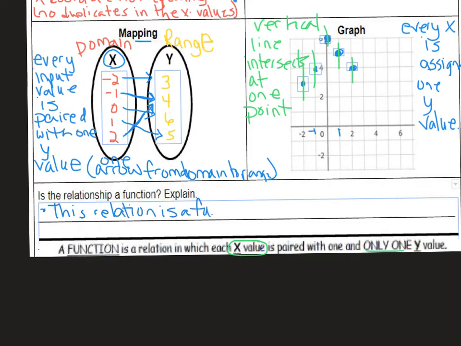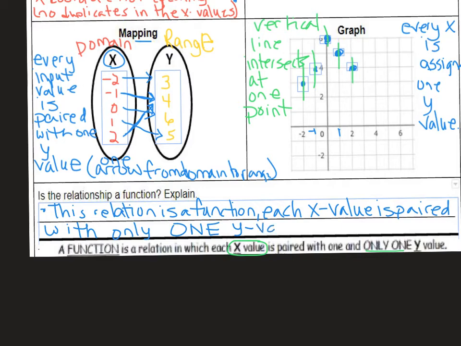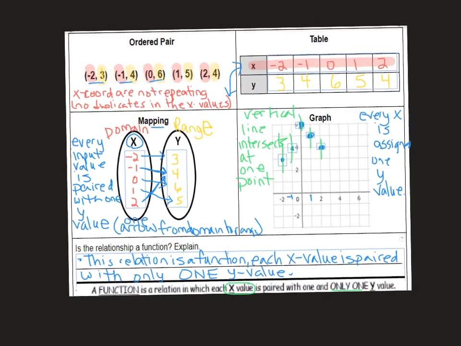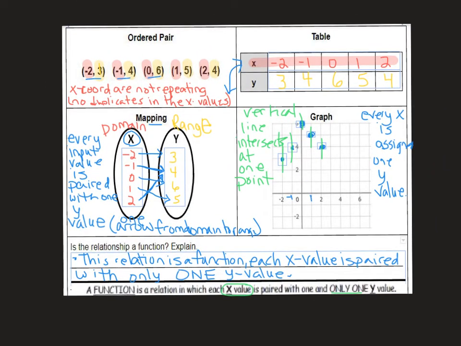You can type this or write it, because each x value, each of those input values, is paired with only one, and I'm capitalizing that, y value. According to our definition, this is true. Y is a function of x. Make sure you take good notes.